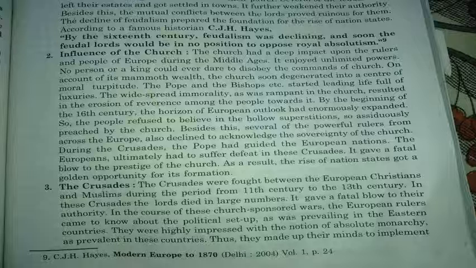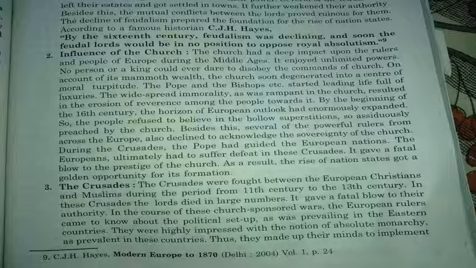During the Crusades, the Pope had guided the European nations. वो गाइड करते थे चर्च. The Europeans ultimately had to suffer defeat in the Crusades. It gave a fatal blow to the prestige of the church. As a result, the rise of nation states got a golden opportunity for formation.